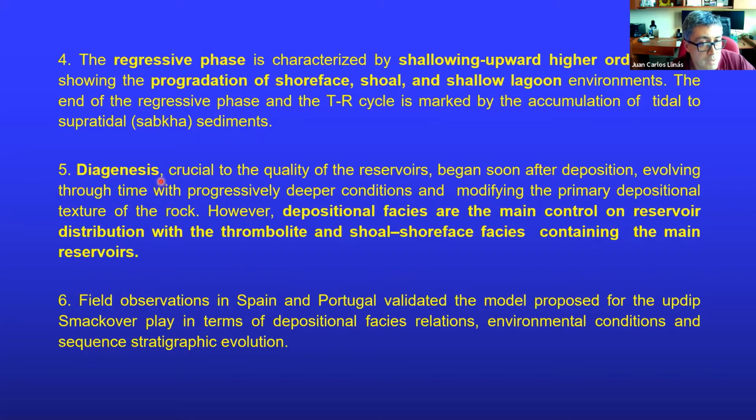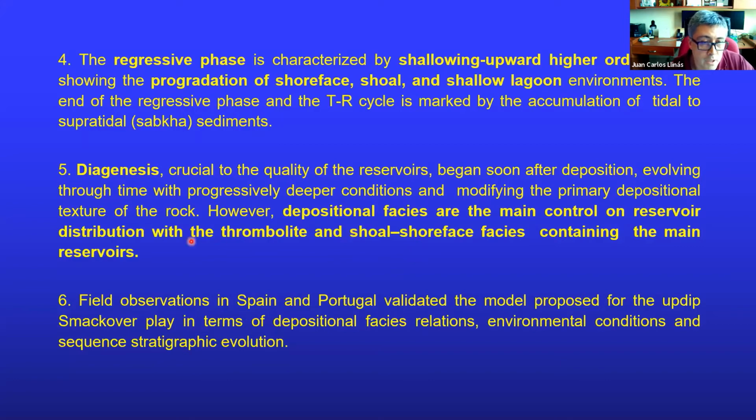The diagenesis, although very extensive, with a lot of diagenetic processes going on in the Smackover, is still not the main control on the location of the main reservoirs, which are mostly the result of the initial depositional texture of the rocks.